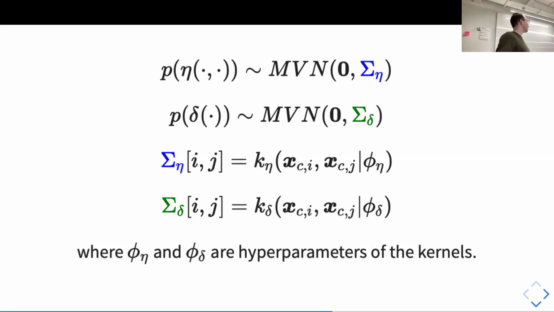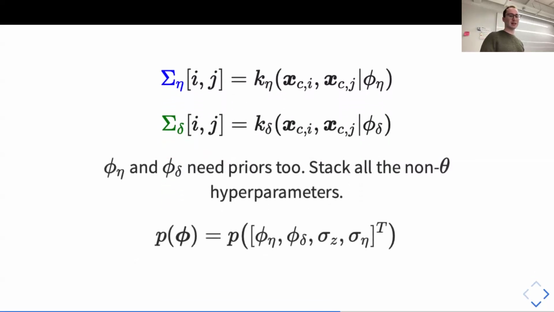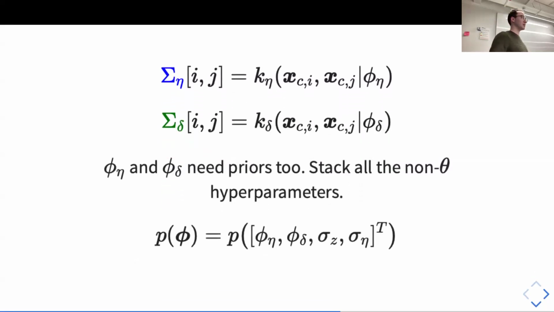These can be different for both the sigma eta and the sigma delta. Doesn't matter what they are. In this case, I can't actually remember what they are. But they'll almost certainly all come with some sort of hyperparameters, which I'm wrapping up in this variable phi. And to be honest, this isn't particularly important, but needless to say, these hyperparameters need to be estimated. And I'm just going to chuck a load of them into this variable phi, and we can kind of forget about them a bit, to be honest, for now.